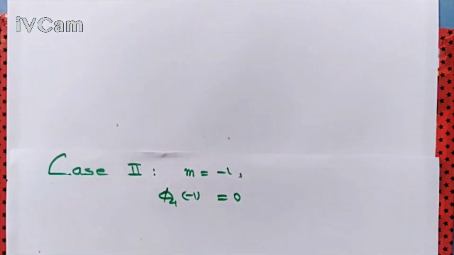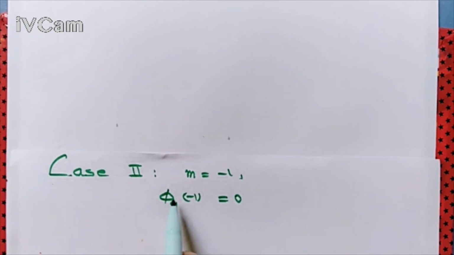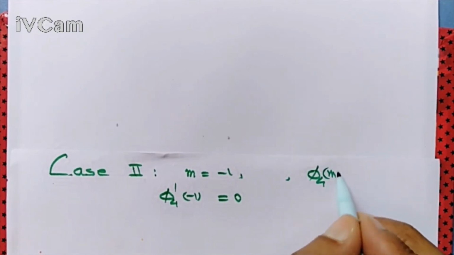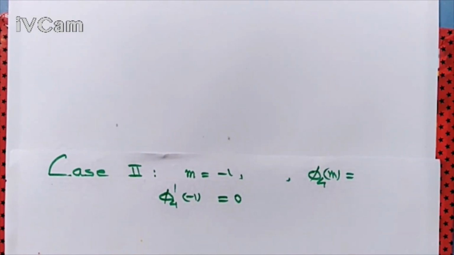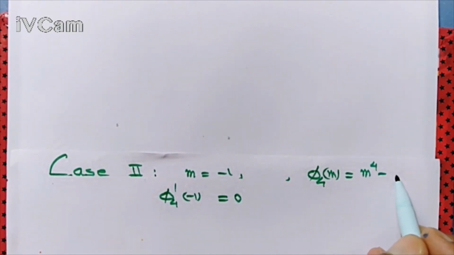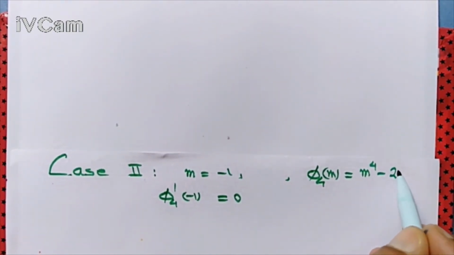First point, phi 4 of minus 1 equal to 0. Second point, phi 4 dash of minus 1 equal to 0, because phi 4 m, let's recall, phi 4 m equal to m to the power 4 minus 2m square plus 1.